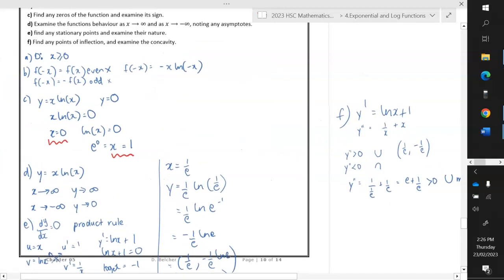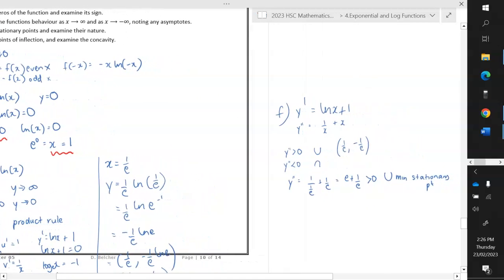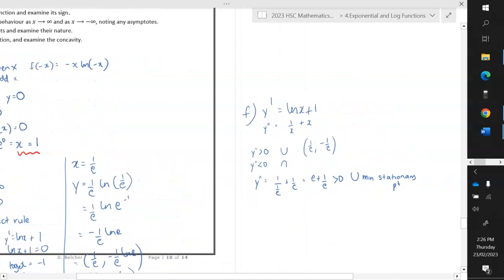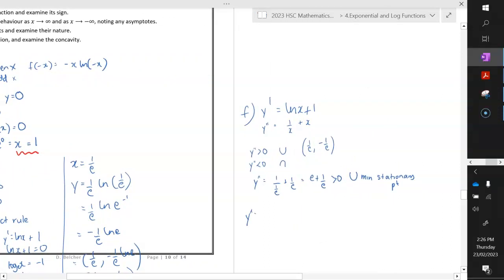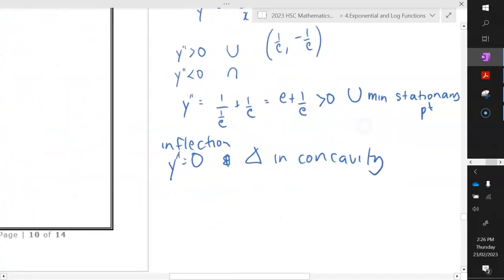Okay, and the last part wanted us to find any points of inflection and examine the concavity. So points of inflection happen when the second derivative was equal to 0 and there was a change in concavity. And that was for an inflection point. So let's have a look at that. Let's see what happens.